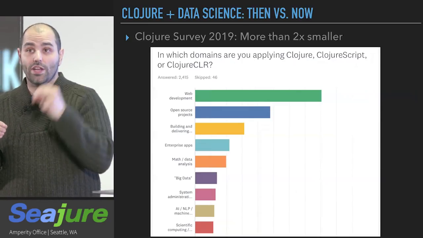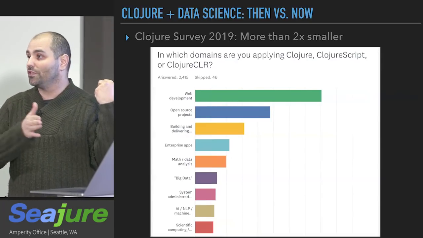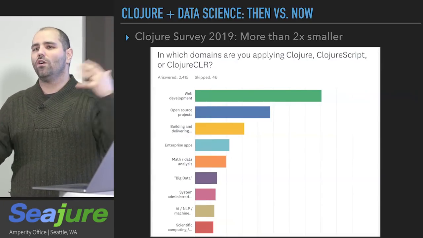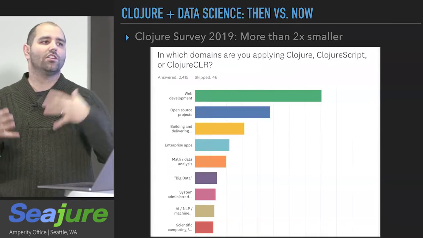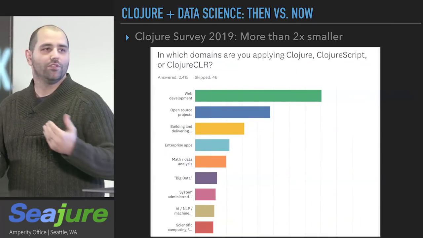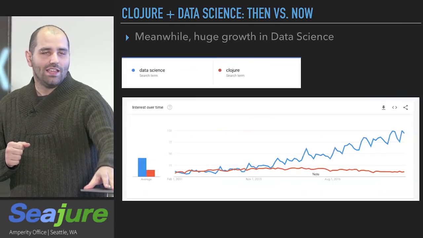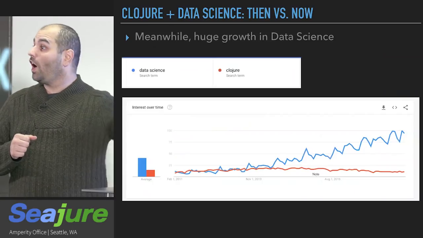And what's even crazier to think about is, A, this is a big change just in absolute terms, in terms of usage patterns. You could argue, well, Clojure's become a mature language. It's gained a lot of adoption, so you have a lot more bread and butter web development usage of it. That might be true if it weren't for the fact that data science has actually grown a ton in that time period.